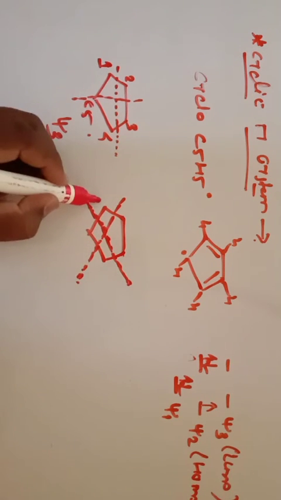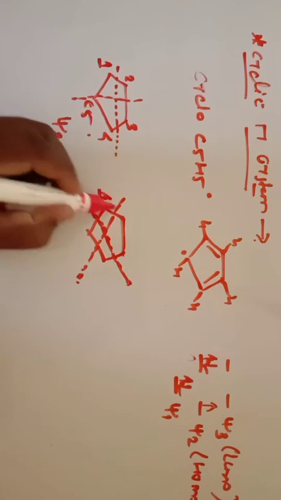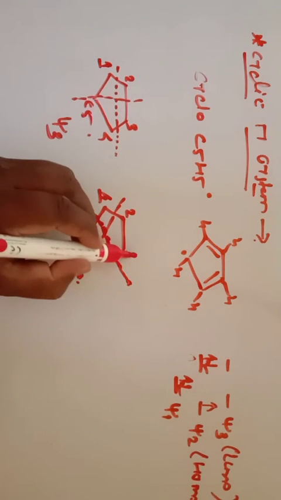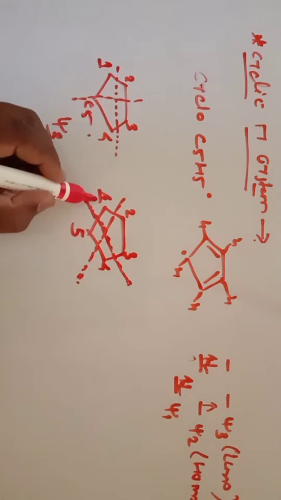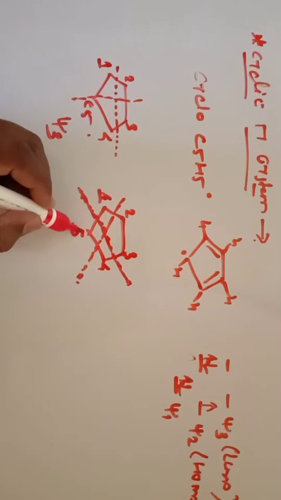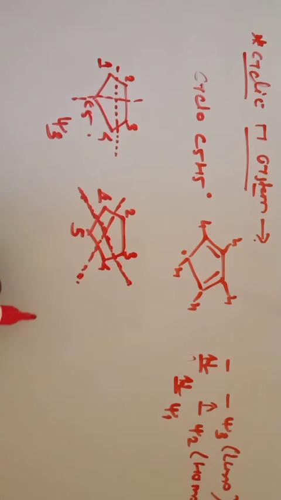The node is present between carbon number 1 and 2, and 3 and 4. Similarly, it also passes between carbon number 1 and 5, and carbon number 4 and 5. This is another representation for psi 3.